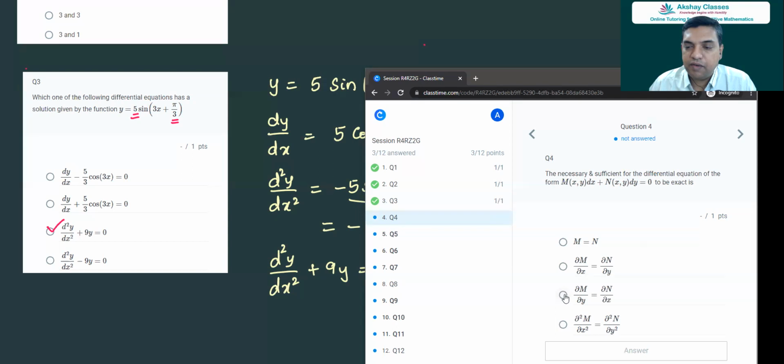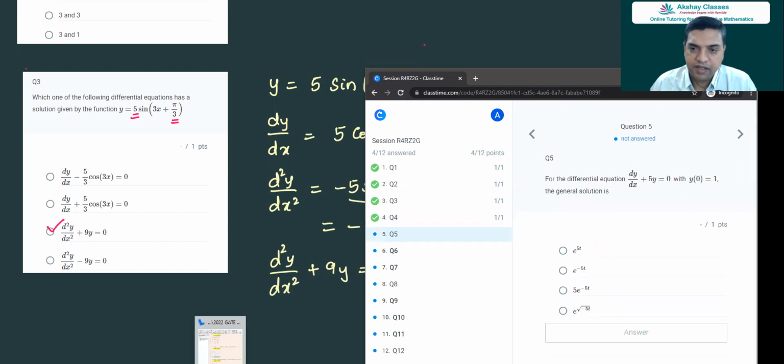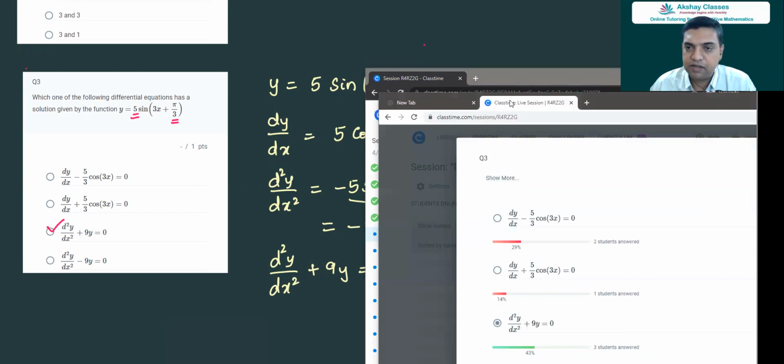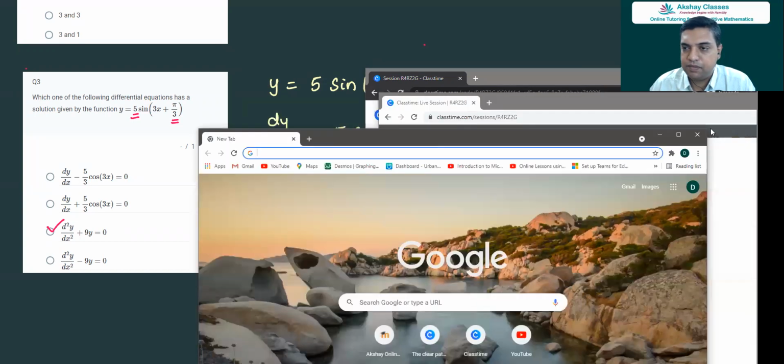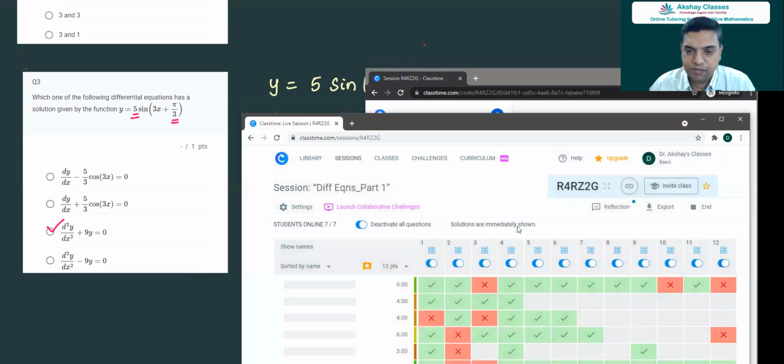So we get this as the answer. Dou M by dou y is equal to dou N by dou x. This is the correct answer. And I think most students have done this one right. Yes, everybody did this right.